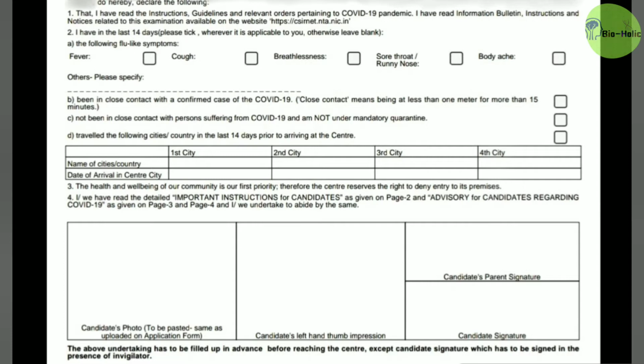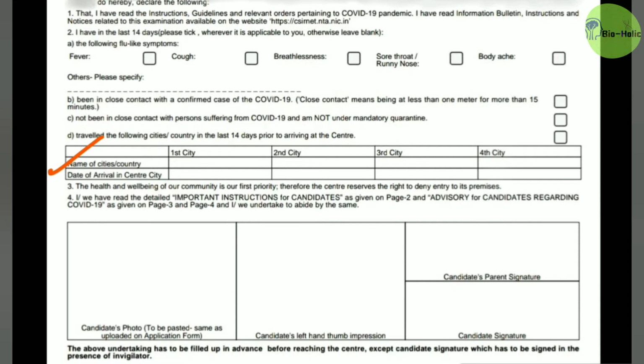Like if you have any flu-like symptoms, or whether you have had close contact with any COVID patient, etc. Then you can see a chart-like portion where you have to write the names of cities you visited in the last 14 days prior to arriving at the center, and the date of arrival also. But if you have not traveled around, then you can leave that portion.